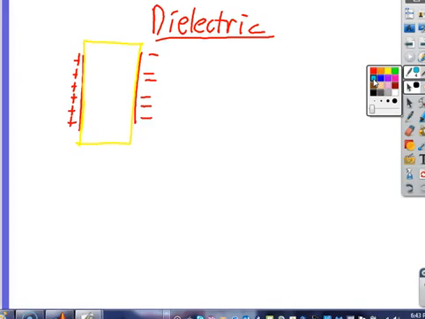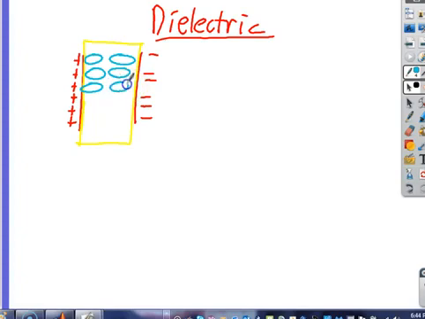What you're going to get is molecules, and let's just imagine that I'm going to make it easy. There's like 2 molecules thick, okay? So what's going to happen is I'm going to end up getting some of these become polarized towards their respective sides.